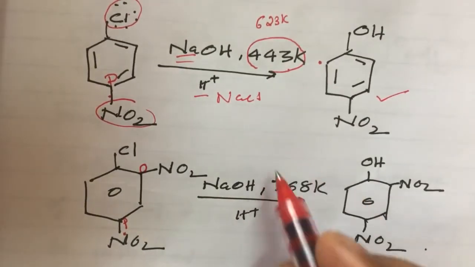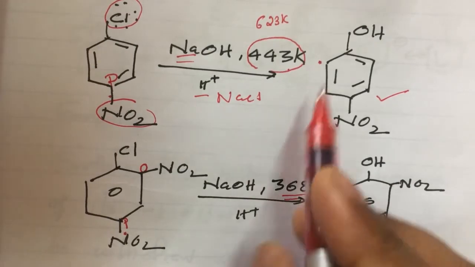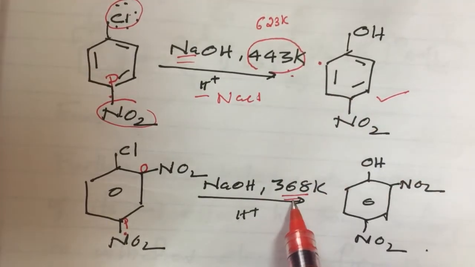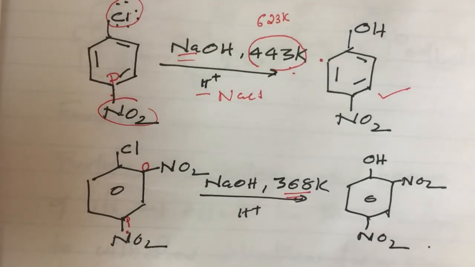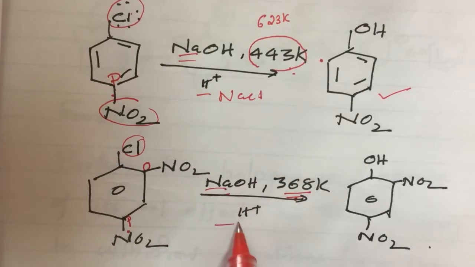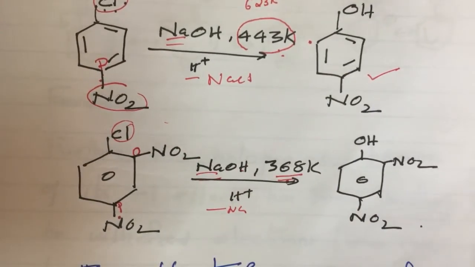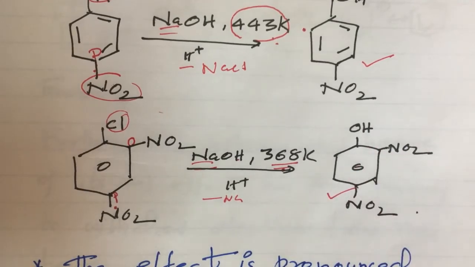So the reactivity is high. So what we can do? We can reduce the temperature again from 443 to 368 Kelvin. Then NaCl byproduct, then OH, and you will get ortho para dinitrophenol.